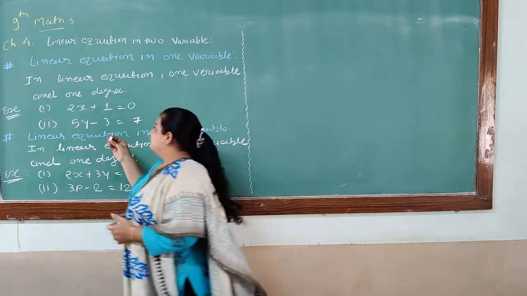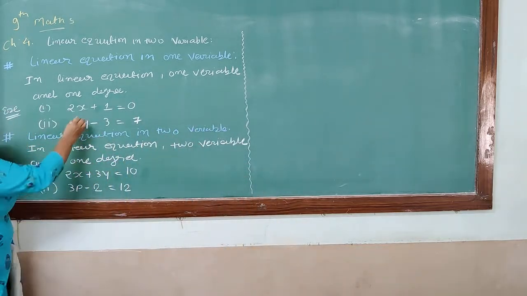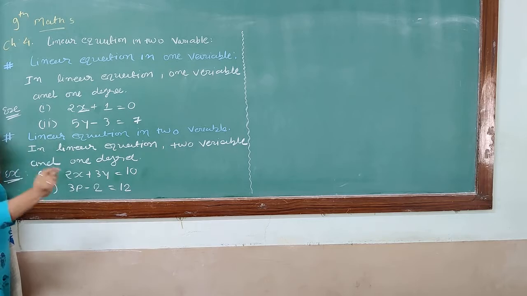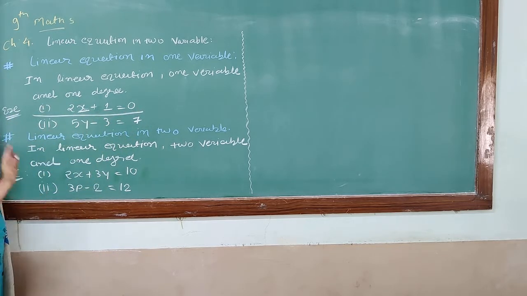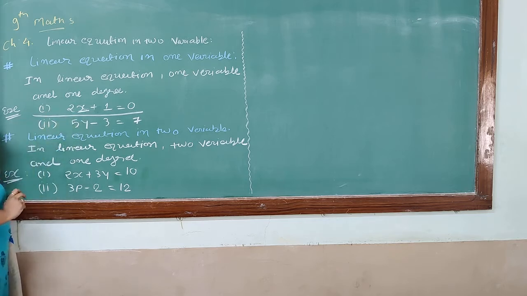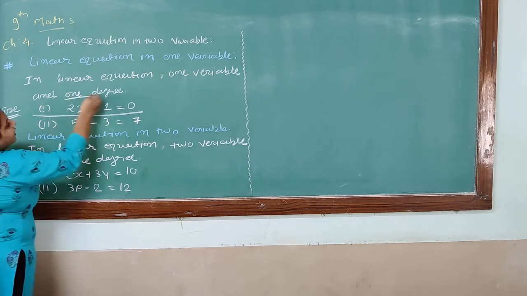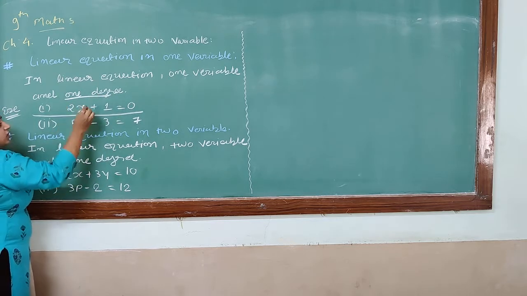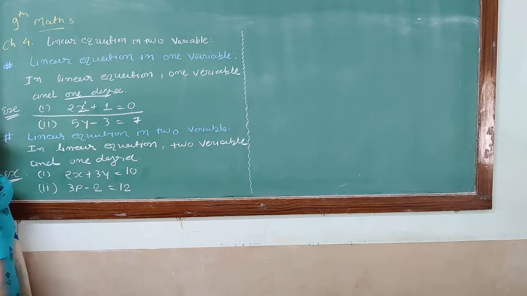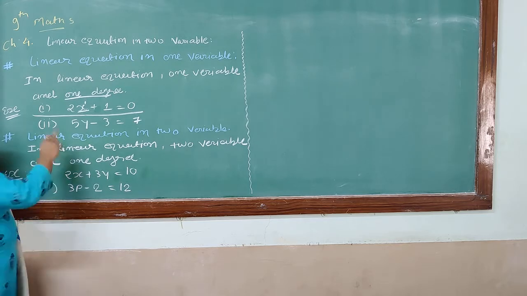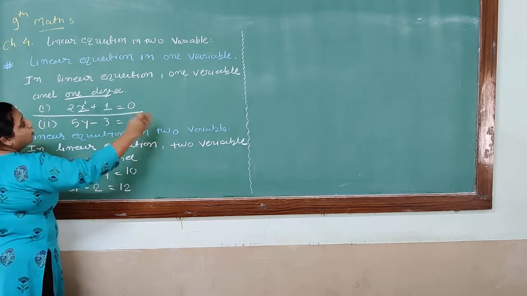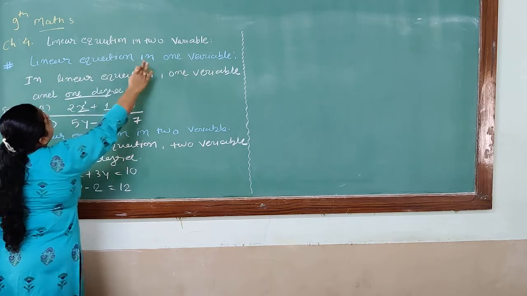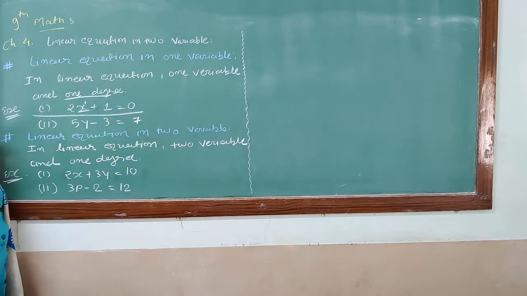Now you can see that here variable x is given, and another thing, in this linear equation only one variable is there. Right? No other variable is there, and of course one degree. If there is nothing written, we have to consider it as 1. So 2x plus 1 equals to 0 is known as linear equation in one variable.